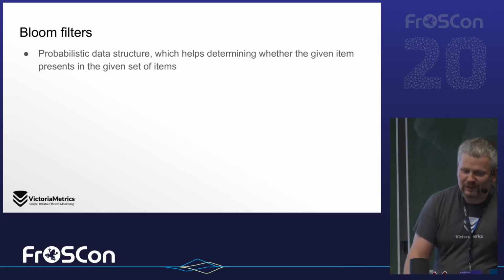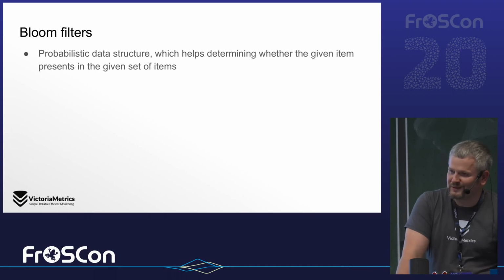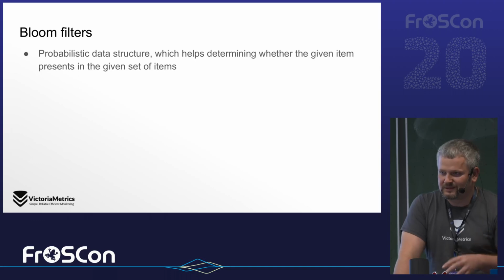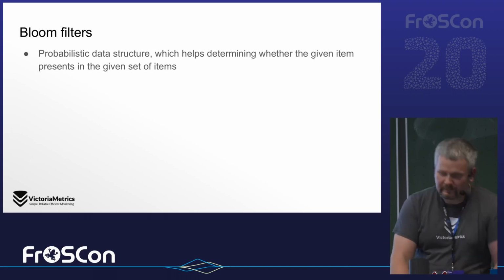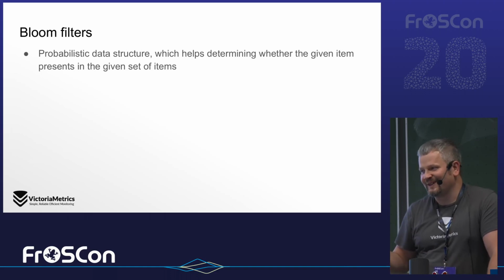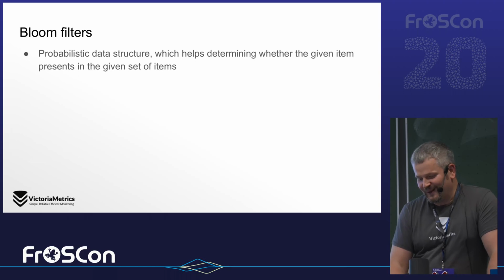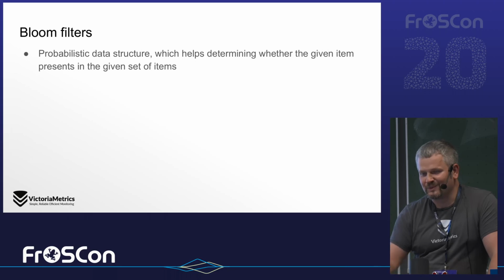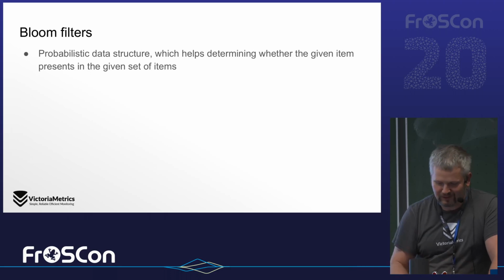This is a probabilistic data structure which answers a simple question: whether the given item exists in the given set of items. And why is it probabilistic? Because it may return an incorrect answer. It can say, yes, this item exists in this set of items, but in reality, this item might be missing here. But we can reduce this probability to very low levels and take advantage of this for log databases.